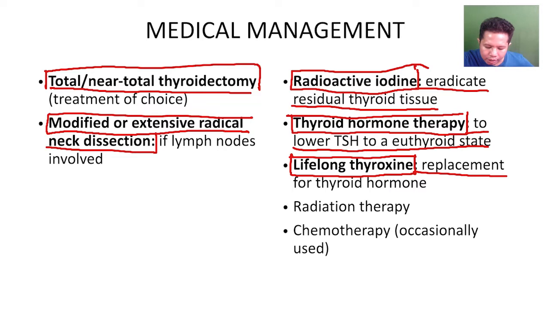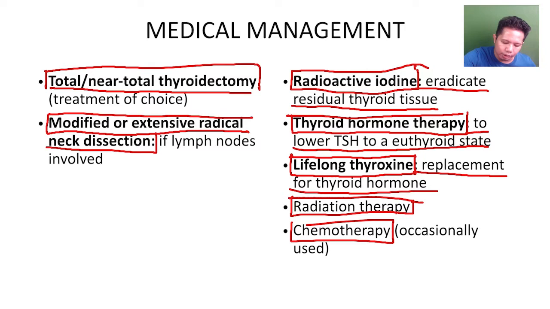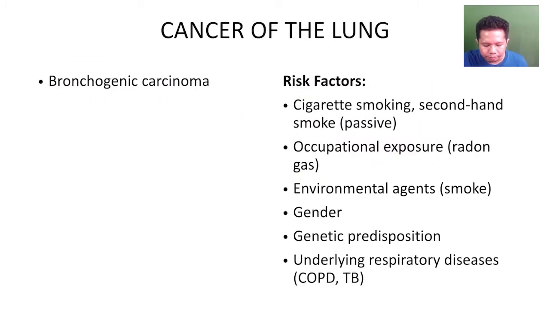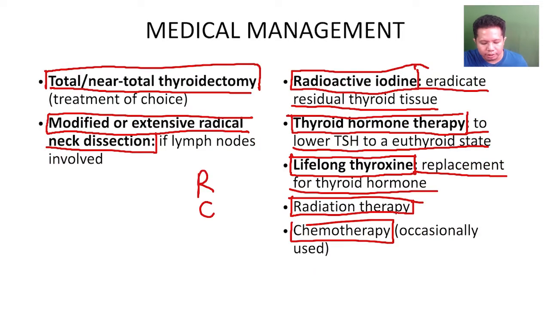It replaces for the thyroid hormone. So you would be taking it lifelong. Another choice would be radiation therapy and chemotherapy. Yan na naman yung mga RC natin. RC, lagi mo siya makikita sa cancer. Radiation and chemotherapy. Okay.